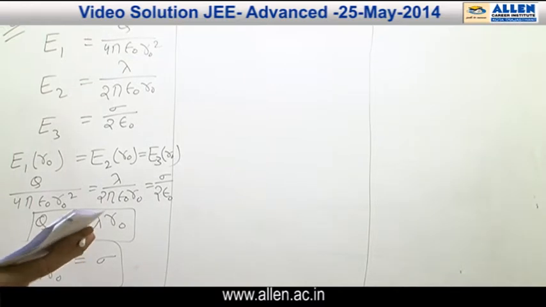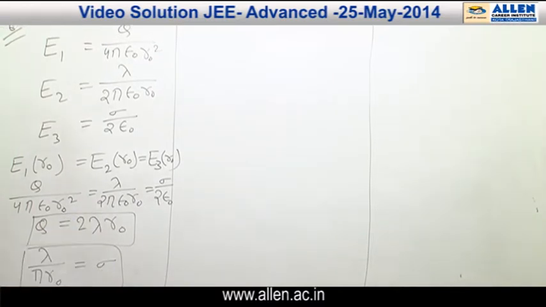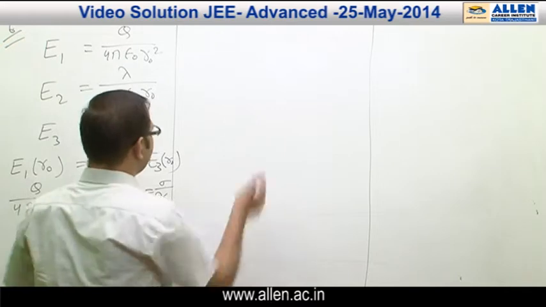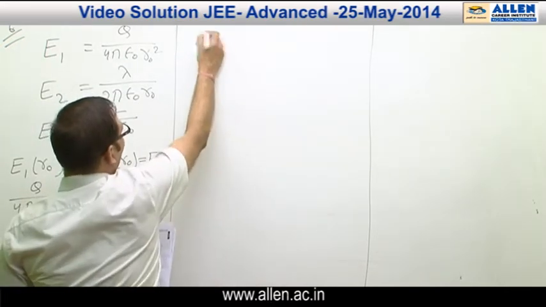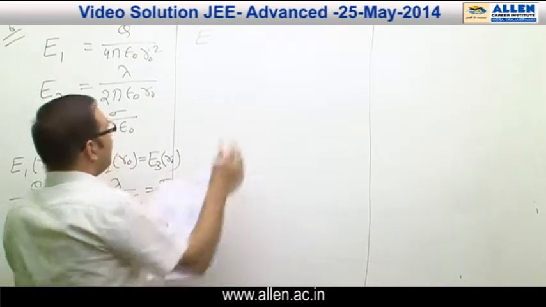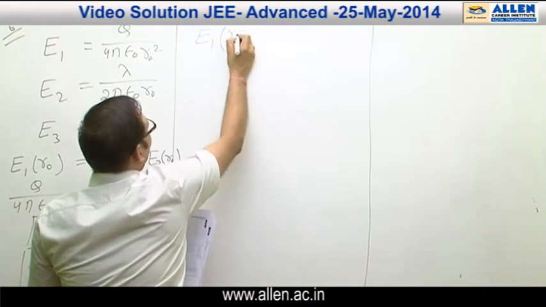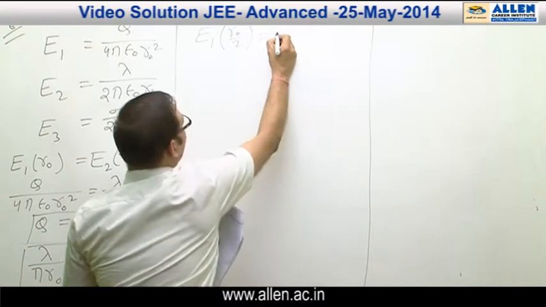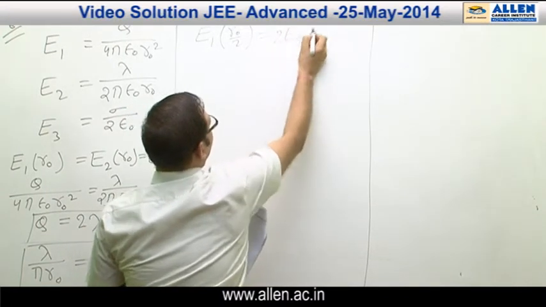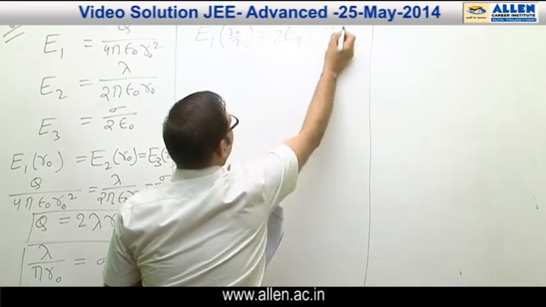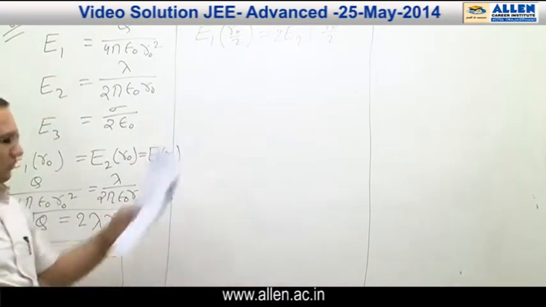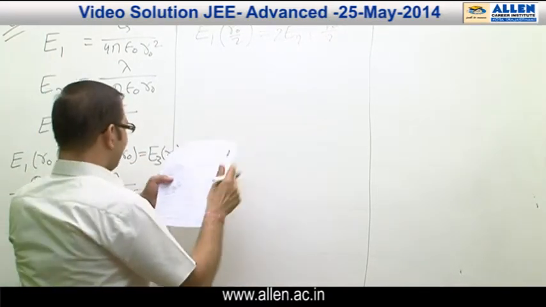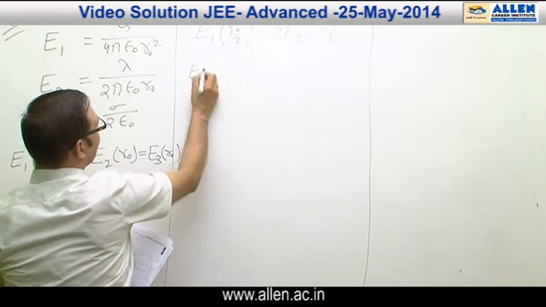Now we have to check options C and D. In option C, we have to find whether E1(R naught by 2) is equal to 2 E2(R naught by 2). So let us see if it is correct or not. What would be the value of E1(R naught by 2)?